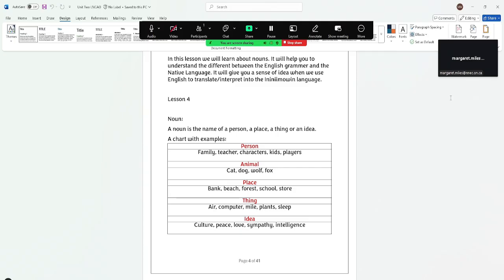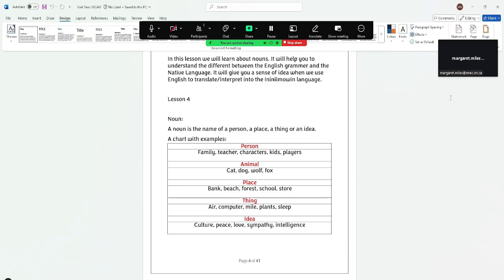They are typically free words that answer the questions who and what. Most nouns are countable and can be either singular or plural. We went through some examples.